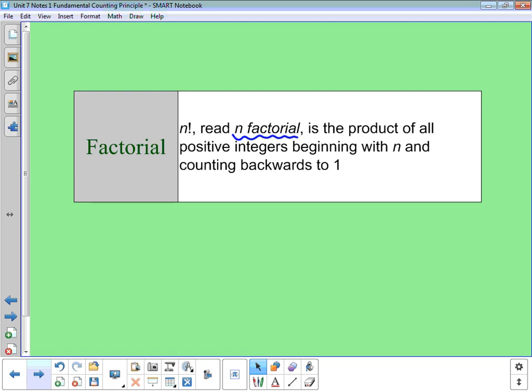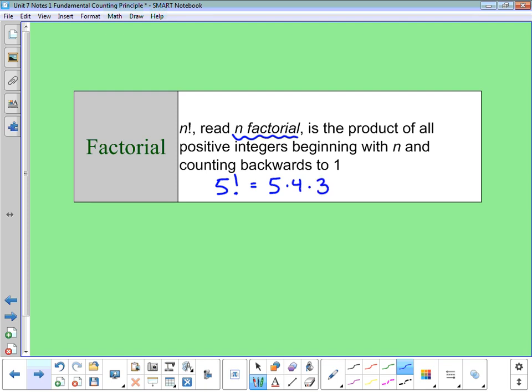So for example, if I have 5 factorial, that means I have 5 times 4 times 3 times 2 times 1. And when I take those and find the product, it's equal to 120. So 5 factorial equals 120.